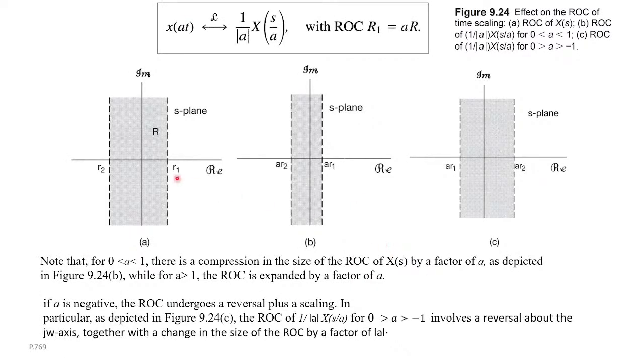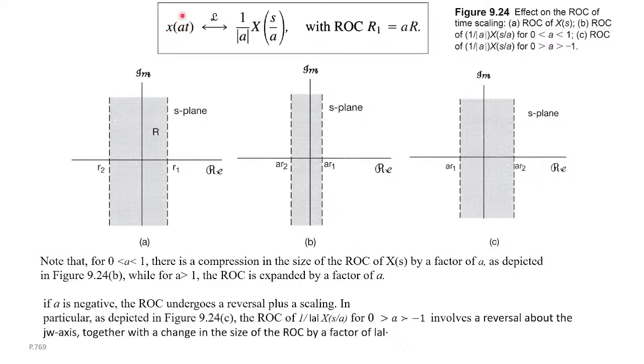Okay, and we have some examples here of ROC equal to a times R. You have the original signal with ROC between R1 and R2. Then we have an example where a is less than 1.